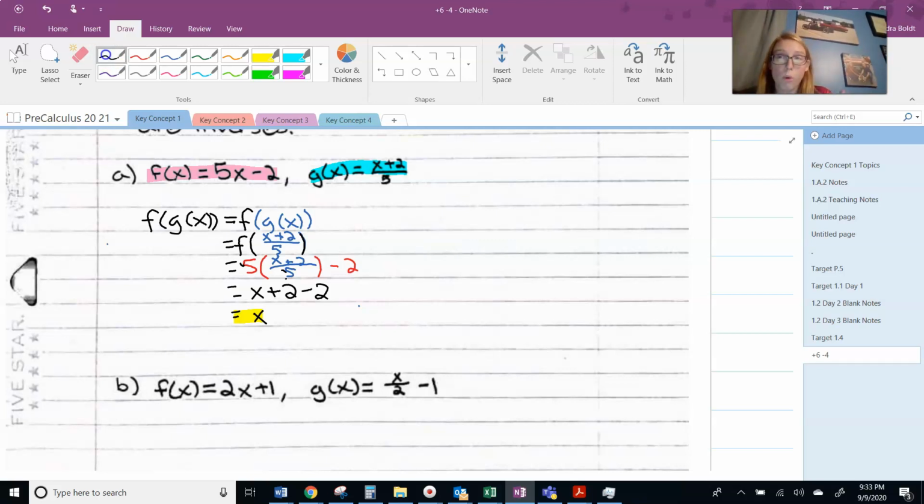Okay, we have to do both directions though. So now we have to do g of f of x, which is the same as g of, well, our f of x is 5x minus 2.